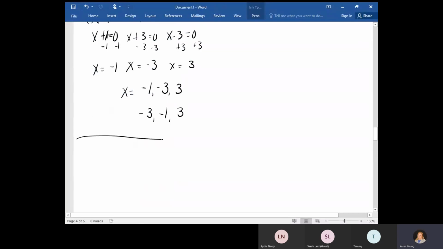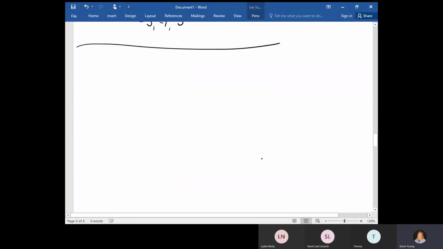And then we're going to move on. This is typed other equations, so there are several different types of equations that we're looking at. And this is called a radical equation. That means that I'm using a radical.